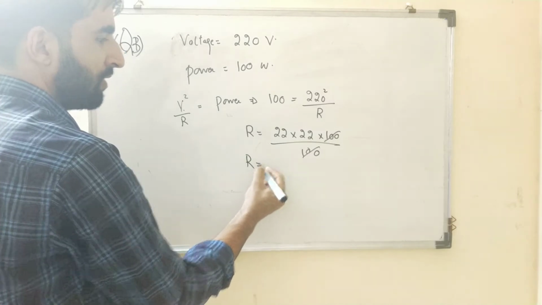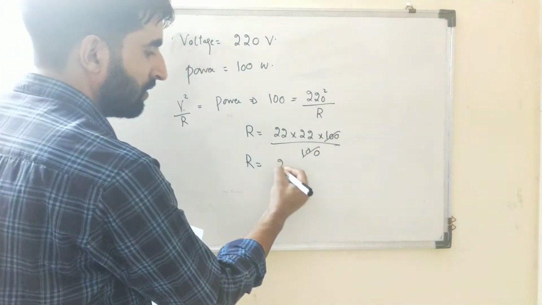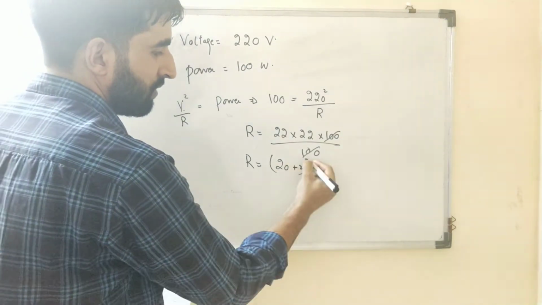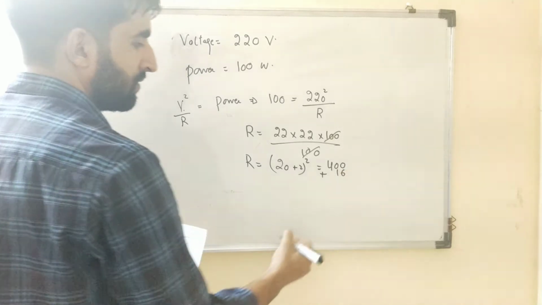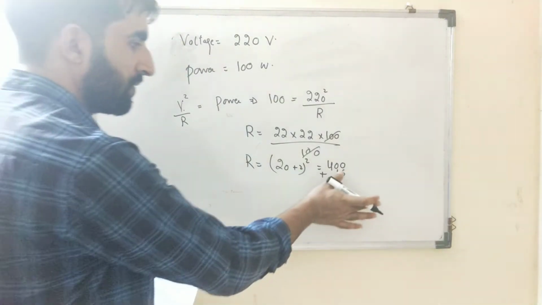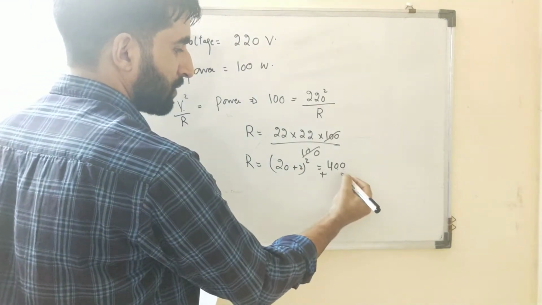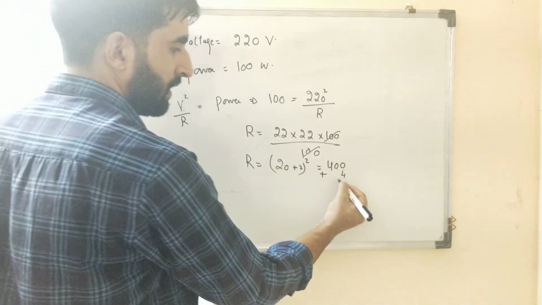So R will be equal to 20 plus 2 whole square, so this is 400 plus 16 plus 4 plus 4 plus 80.